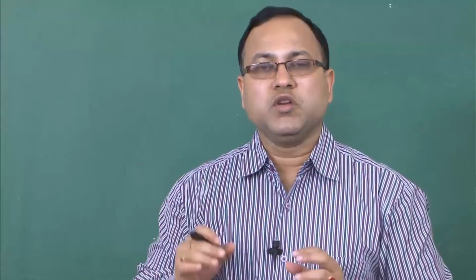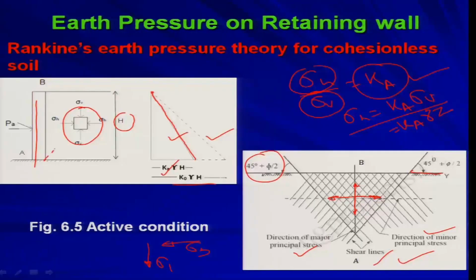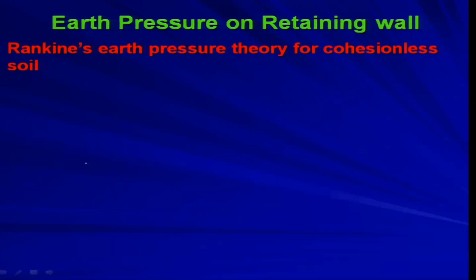So, you will get two shear lines, and that is why, as I told you, this will be making 45 plus phi by 2, because that is your shear line. Along that line basically the failure will happen. I told you that we will be discussing this later on, so we will see this in more detail when we talk about the Mohr circle representation.